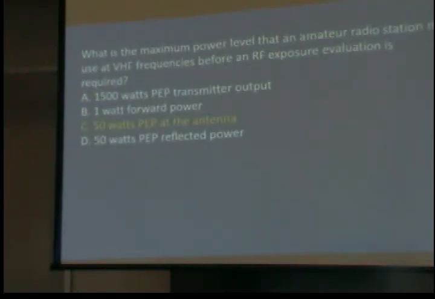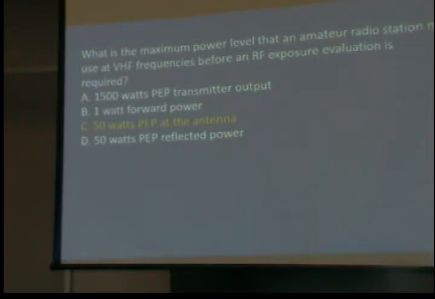What is the maximum power level that an amateur radio station may use at VHF frequencies before an RF exposure calculation or evaluation is required? 50 watts PEP at the antenna. Now, let me give you a definition of this. If you have a 50-watt transmitter, your maximum PEP is 50 watts.